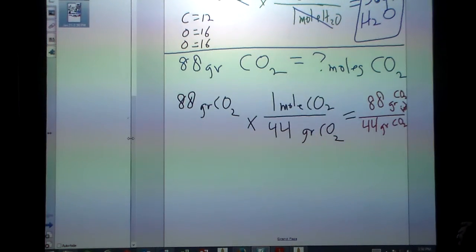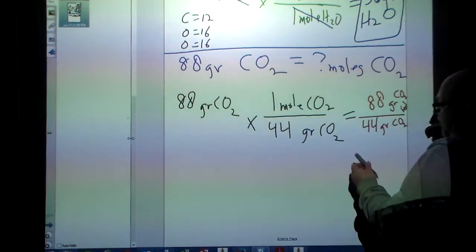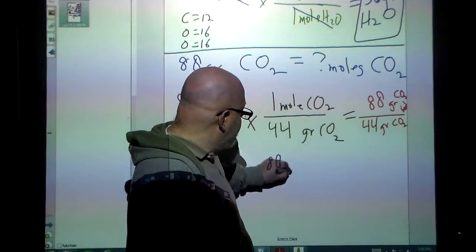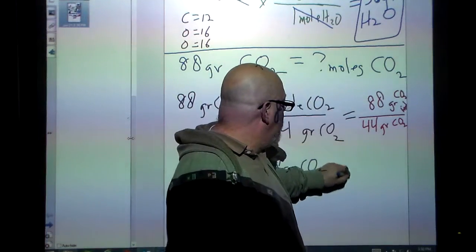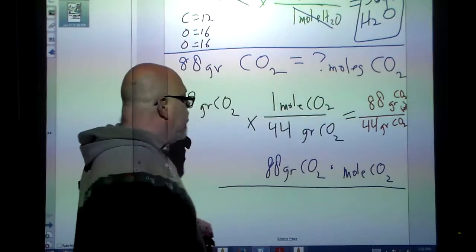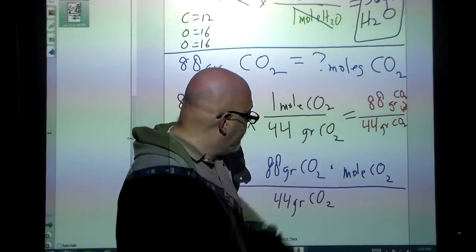Okay, and what happens? Well, my grams are going to cancel out, aren't they? Because that's what it's going to look like. It's going to look like 88 grams of CO2 multiplied by mole of CO2 over 44 grams of CO2.